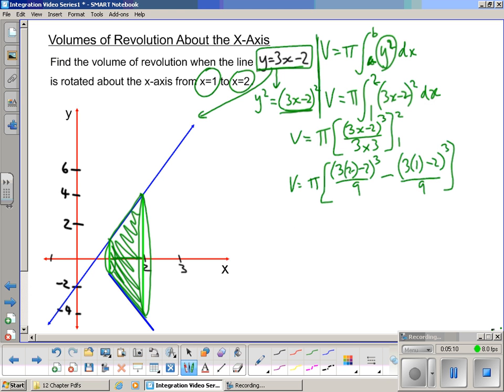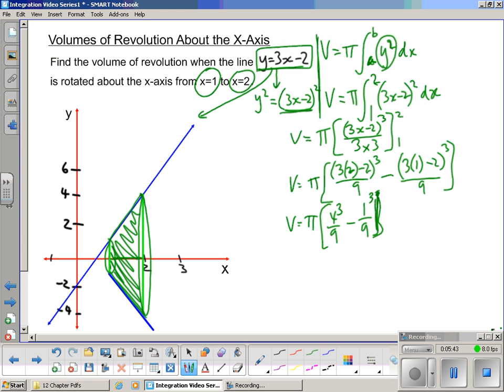Let's see how that pans out when we do a bit more calculating. Now, 3 times 2 is 6, minus 2 is 4. So 4 cubed over 9, minus, let's have a look up here, 3 lots of 1 is 3, minus 2 is 1, so minus 1 cubed over 9. That's supposed to be a square bracket there, that's not very straight, is it? But still, that's just a square bracket.